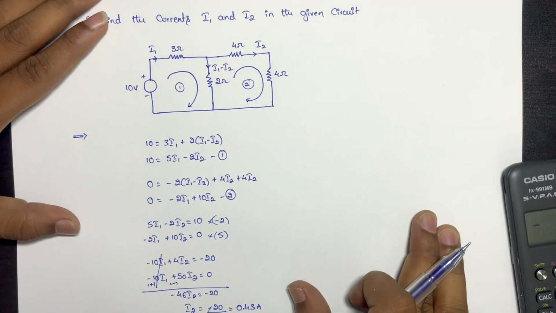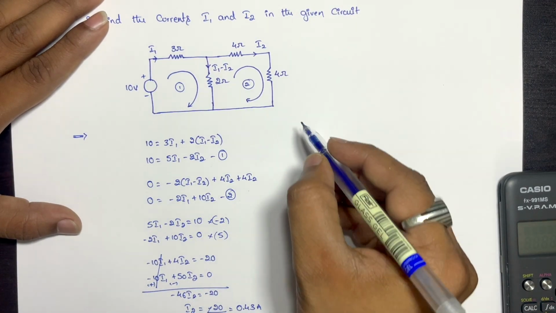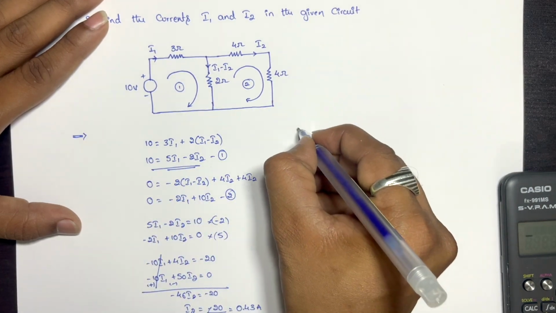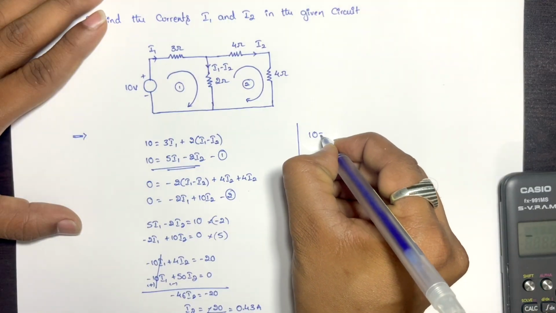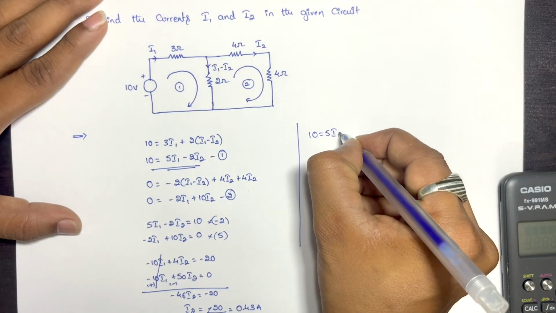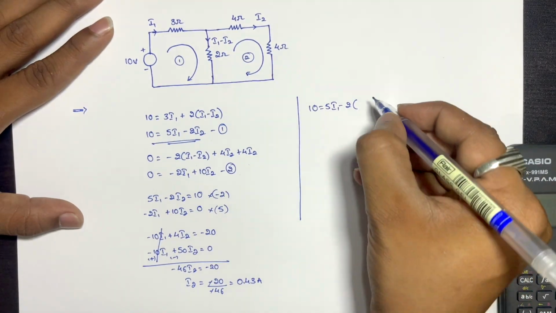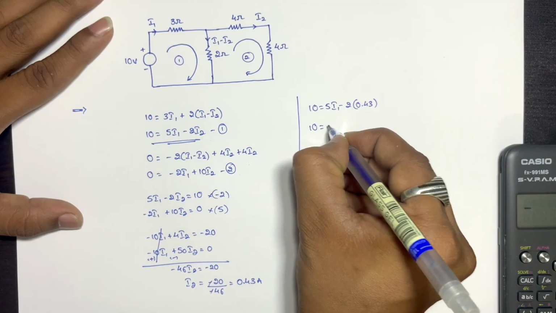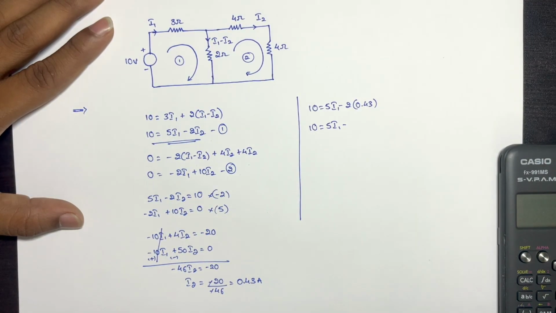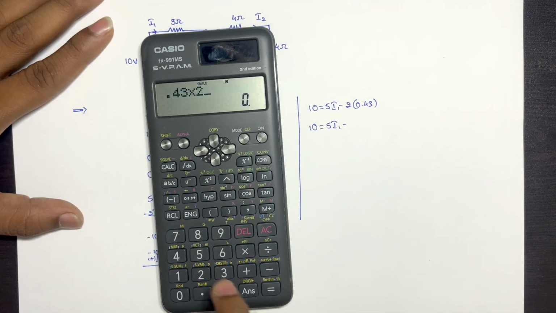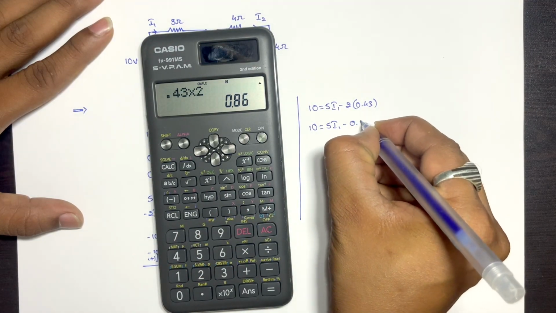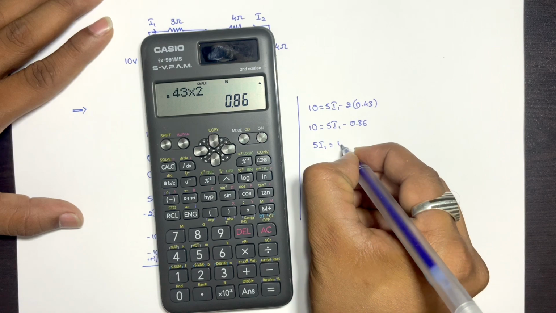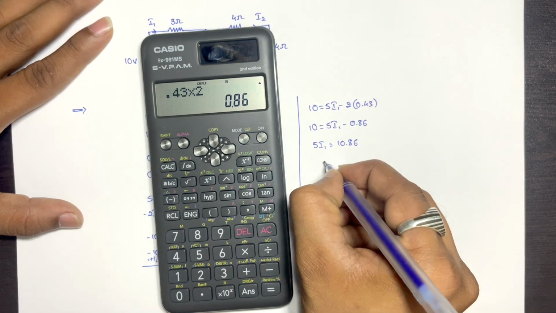Now if I2 is equal to plus 0.43 amps, in equation 1, from this equation we can calculate 10 is equal to 5 into I1 minus 2 into the value of I2, which is 0.43, that would be 10 is equal to 5 into I1 minus 0.43 into 2 is 0.86. 5I1 is equal to 10 plus 0.86, that's 10.86.